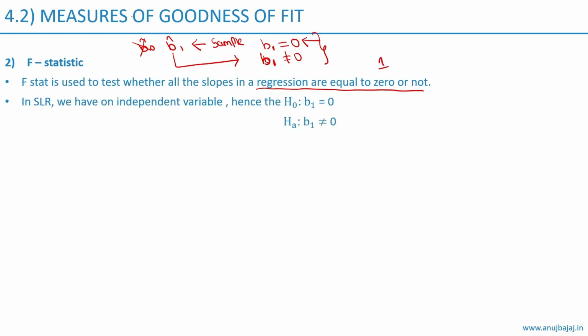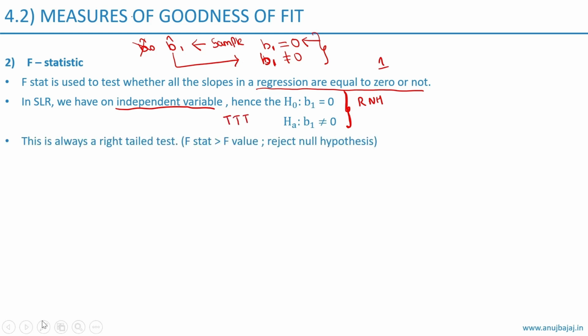So in a simple linear regression where we have only one independent variable, this is how the hypothesis is stated. We ideally want to reject the null hypothesis. Until now, what we have seen is that whenever the hypothesis is stated in such a way, it implies that it is a two-tailed test. But here, it is always a right-tailed test.